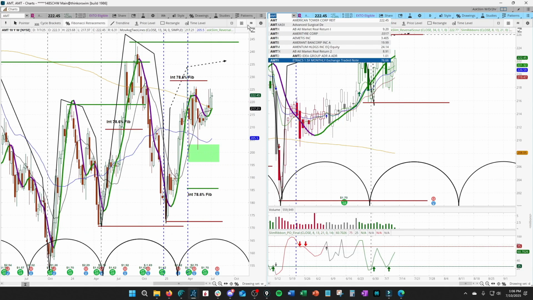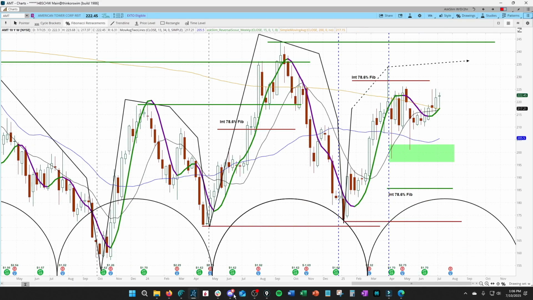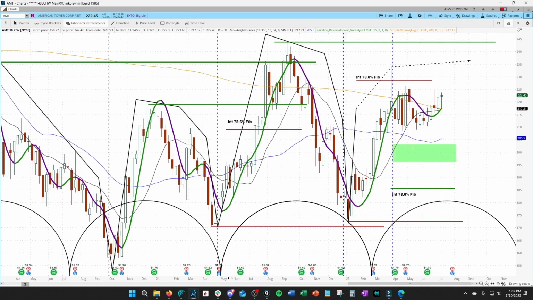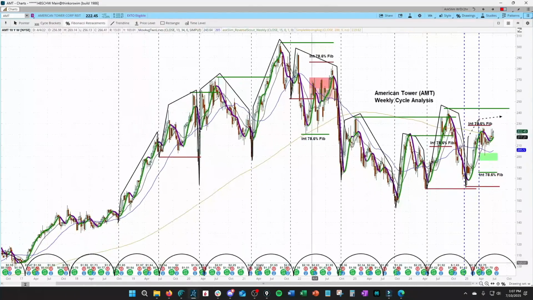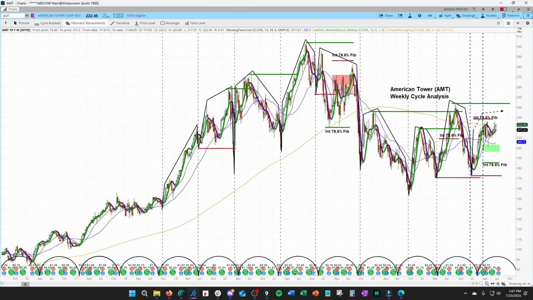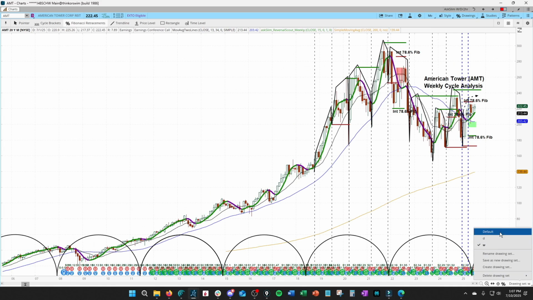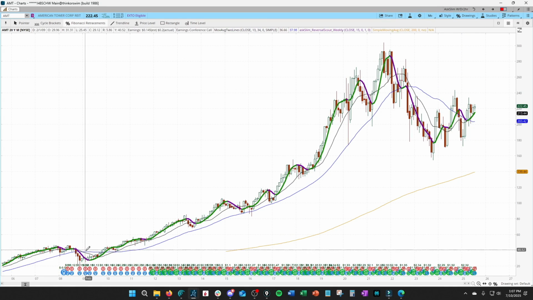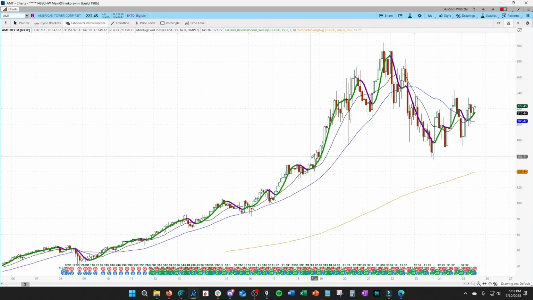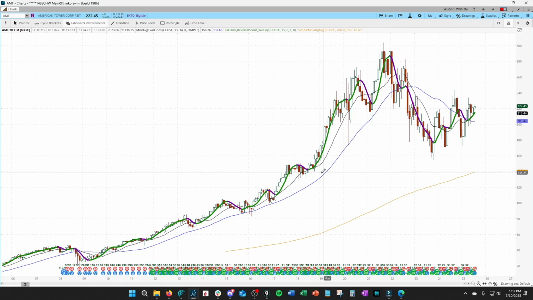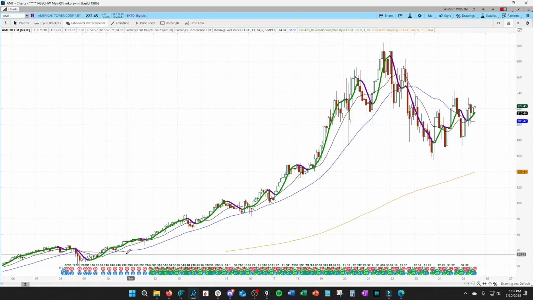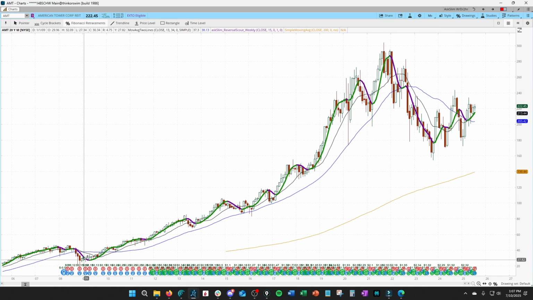Jump over to AMT, one of the former darlings of the market back in the 2010s. I remember, if you go way back here, this was a stock that everyone owned and had to own. Look at this period here, just in that really nice uptrend on a monthly basis, but just worked its way up from, I remember this so vividly.